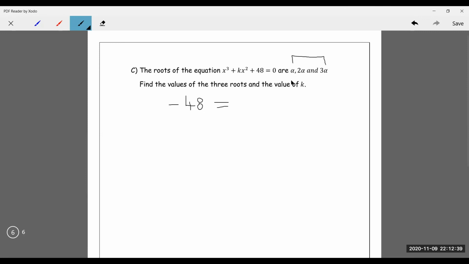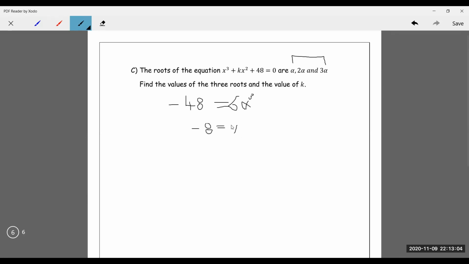And the product of these 3 roots is alpha times 2 alpha times 3 alpha, which is 6 alpha cubed. Now when you have 6 alpha cubed, you can divide through by 6 to get 48 over 6 is 8. So we're getting negative 8. And negative 8 is equal to alpha cubed.